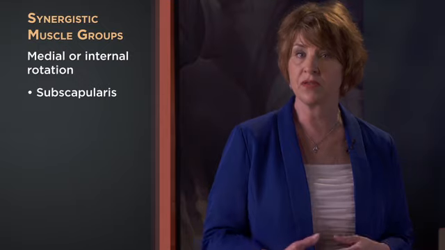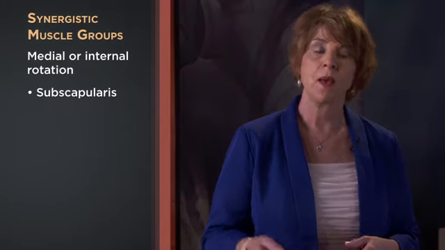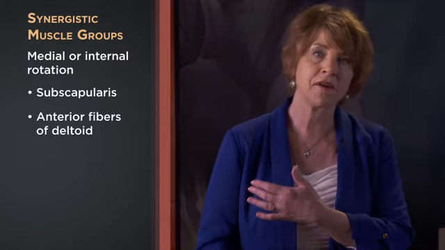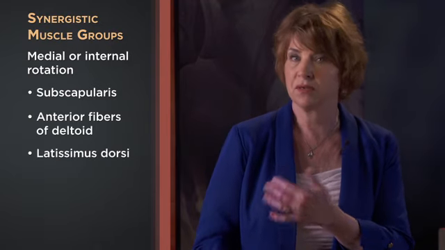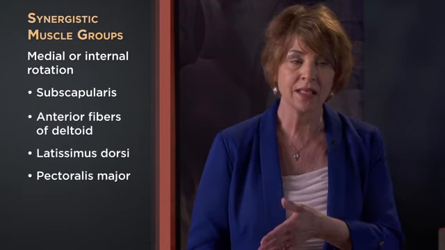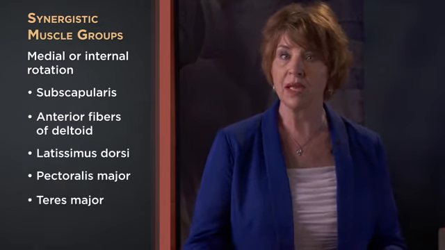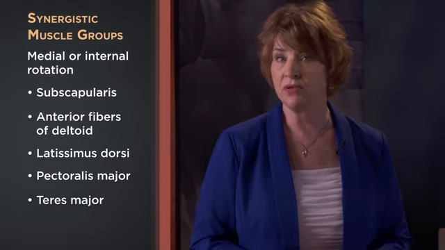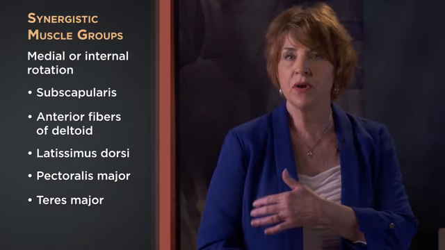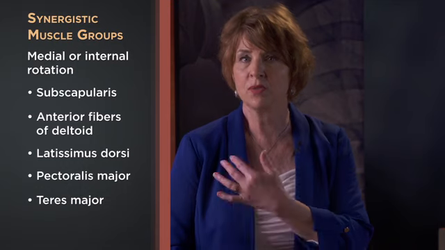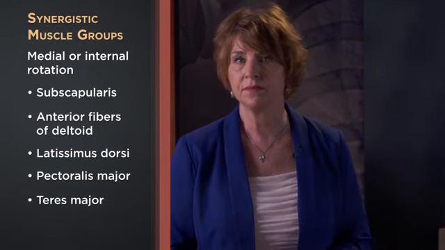Medial or internal rotators to roll the humerus inward include not only subscapularis of the rotator cuff group, but also the anterior fibers of deltoid, latissimus dorsi, pectoralis major, teres major. There's that lady in those majors again, since all of those insert on the proximal humerus anteriorly.